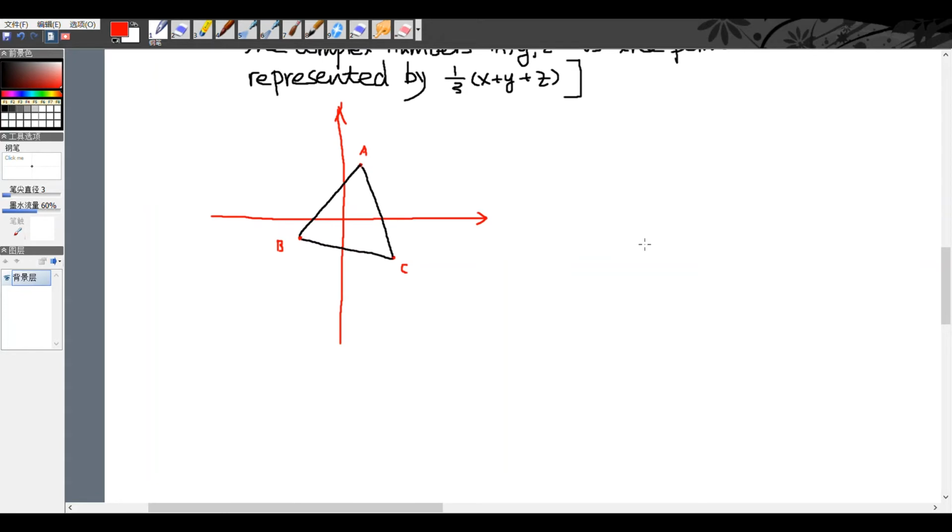Recall that if you multiply a complex number r1 by r2, then r1 will be scaled by the modulus of r2 and rotated anticlockwise by the argument of r2.